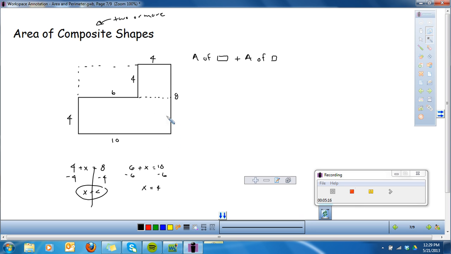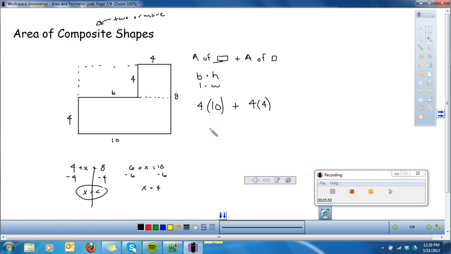I just want to use this shape right here, which is a 4 by 10. I know how to find the area of a rectangle is base times height, or length times width. So I'm going to do 4 times 10, plus the area of the square, which is a 4 by 4, so 4 times 4.